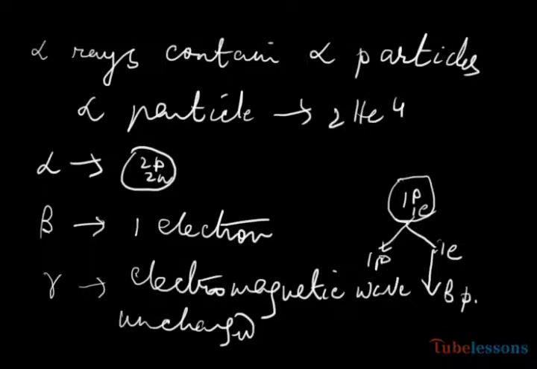Now we will make a table to compare these three rays. This is alpha, beta and gamma.